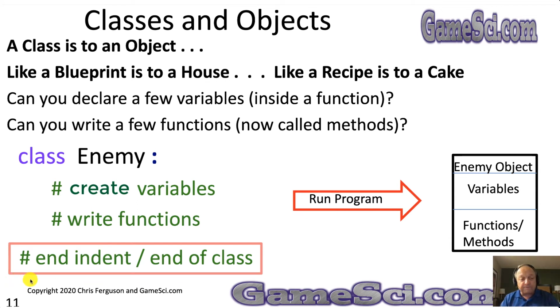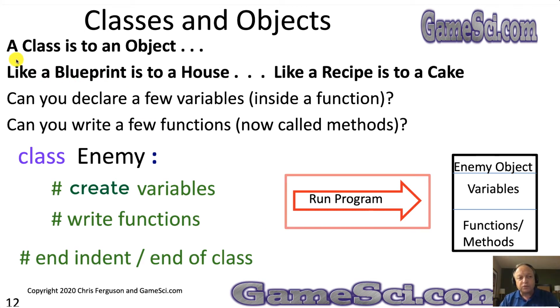And anything that follows that is not indented will have nothing to do with your class, nothing to do with your object. Just like an if statement, if it's not indented, it's not part of the if statement. Just like with a regular function, if it's not indented under the def, it's not part of the function. As soon as the indentation stops, the class is finished.